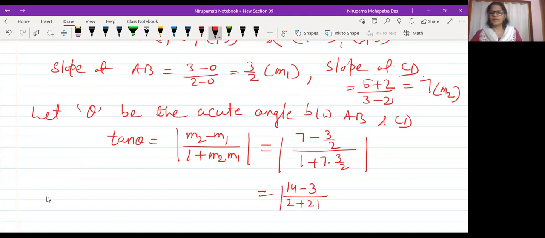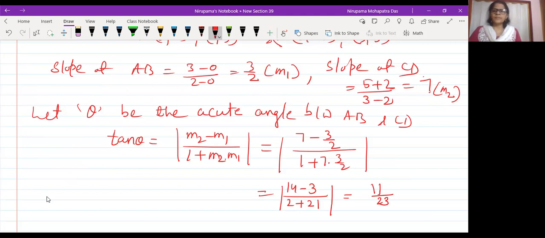So that is equal to 14 minus 3 is 11, so 11 by 23.